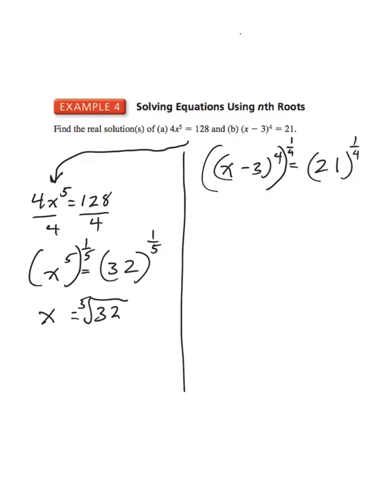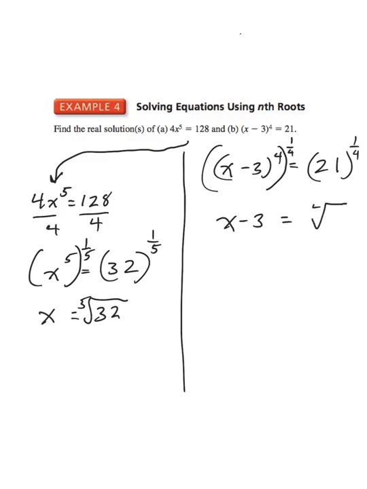Now, when I bring the 4th power to the 1/4, what happens on the left side? It looks terrible right now, but what is 4 times 1/4? 1. And anything to the 1 power is itself. So the left side just becomes x minus 3, and the other side equals the 4th root of 21.